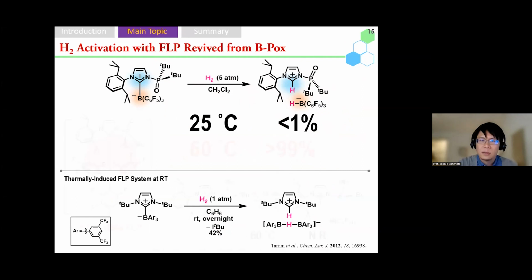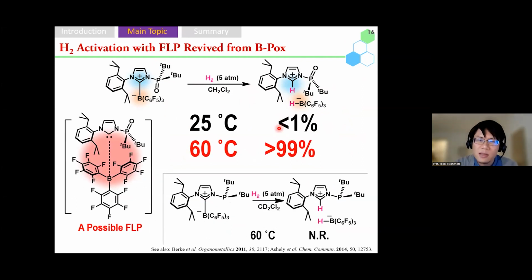On the other hand, once the system was heated at 60 degrees, H2 activation proceeded quantitatively, probably by generation of this FLP species through the rotation of phosphine oxide. To get insight into the role of phosphine oxide, we prepared the corresponding phosphine-substituted carbene-boron adduct and confirmed no reaction occurred at 60 degrees.